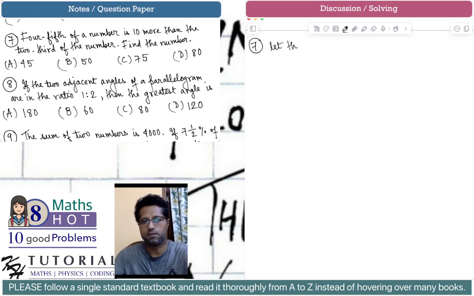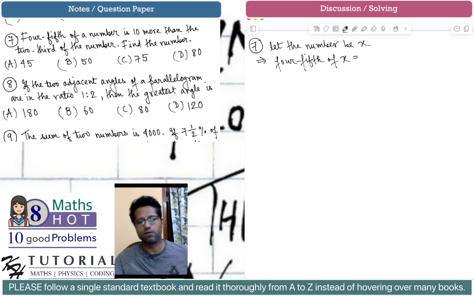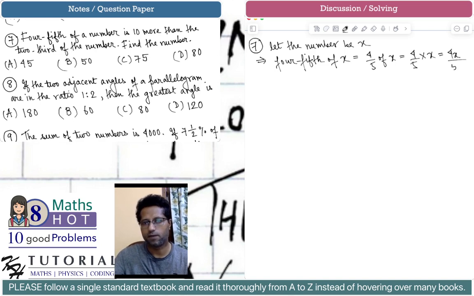So let the number be x. This implies 4/5 of x is, what is 4/5 of x? 4/5 of x means 4 by 5 of x, and of operator means multiplication. So this is 4 by 5 multiplied by x, and this is 4x by 5.